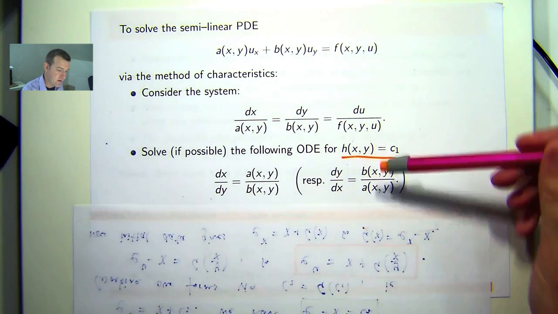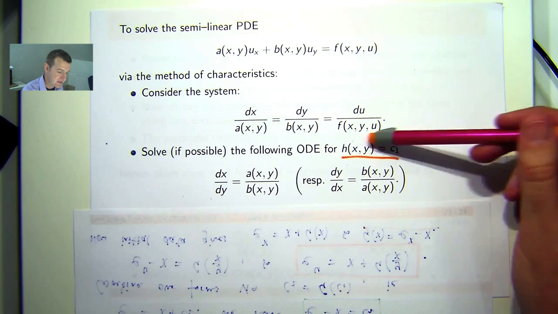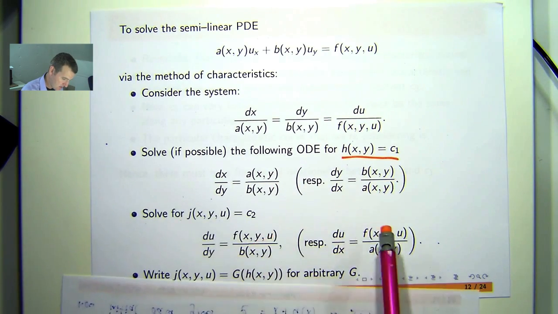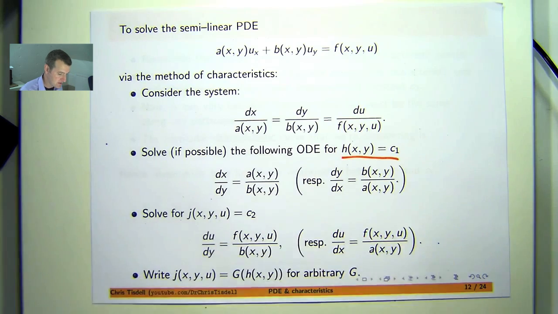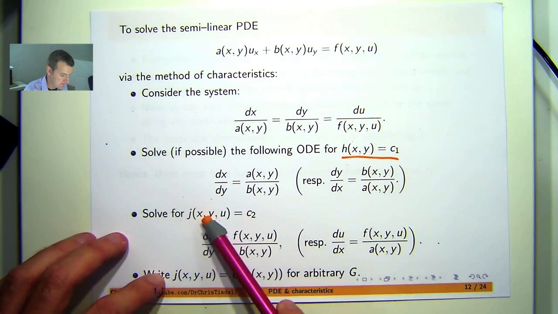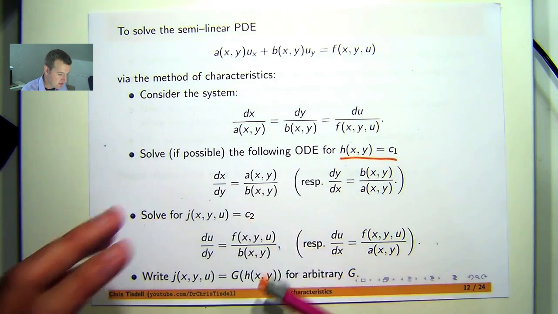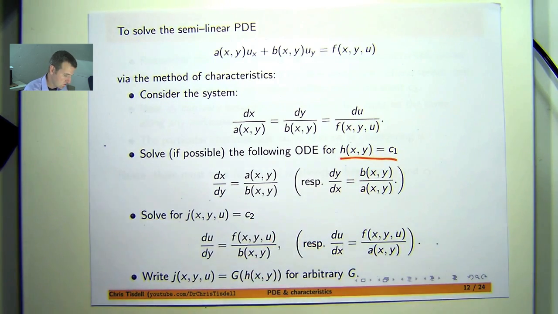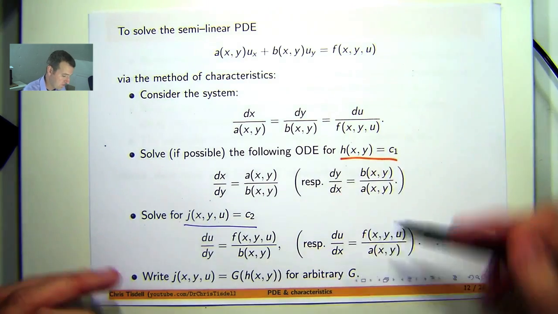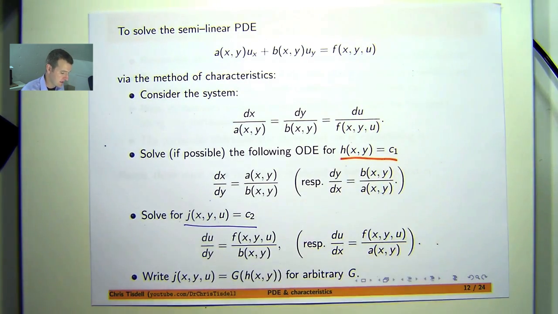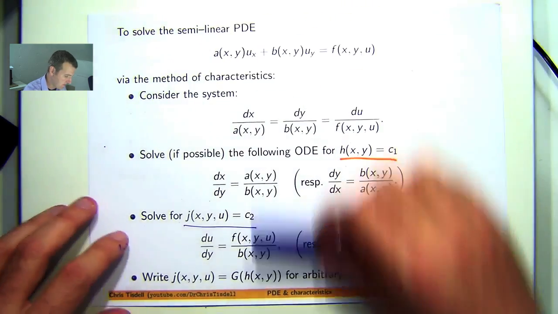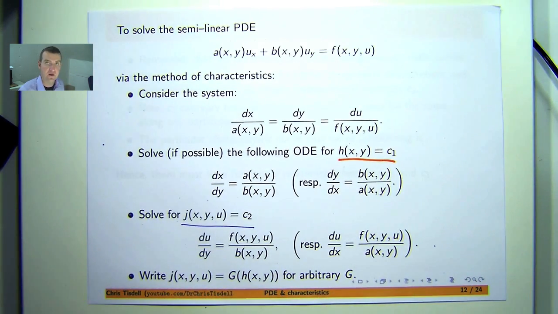Now, if necessary, you might need to isolate the y or the x and then plug it in to either here or here, so you can solve these problems. And out of that, you'll get another expression like this. You combine the two via a functional relationship. I've slightly abused the notation here because I wanted to cover both aspects in the one go. So this is a very terse summary of the method.